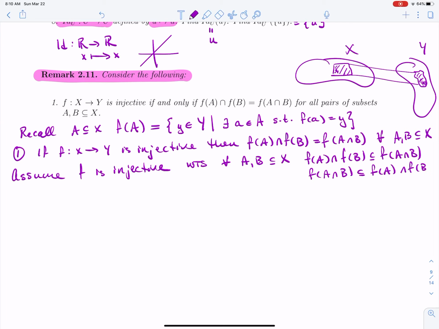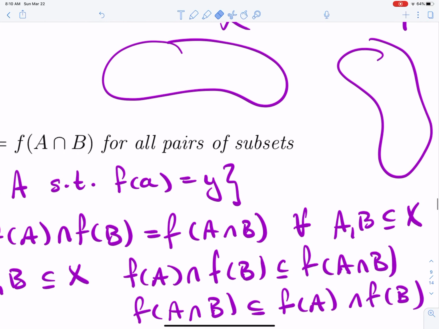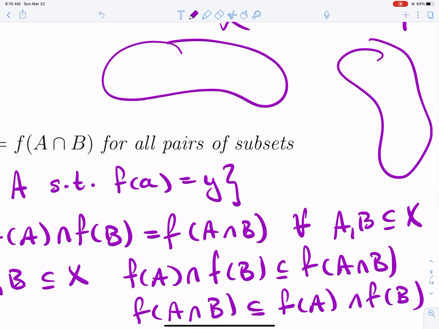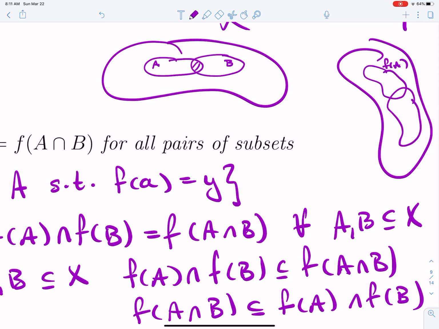So let's look at our picture again. What's going on is we've made our picture a little more complicated. Let's blow it up a little bit. I've now got an A and a B. Here's my A, here's my B, and there's my A intersect B. They both get mapped over, here's f(A), and maybe over here's f(B).